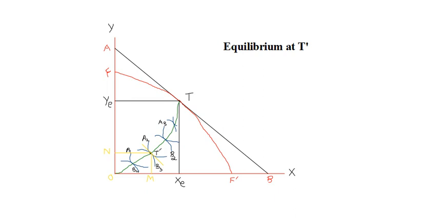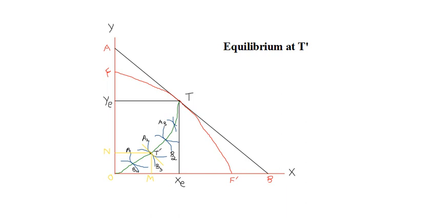Consumer B reaches the utility level implied by indifference curve B3 and buys the remaining quantities MXE and NYE of X and Y commodities respectively.